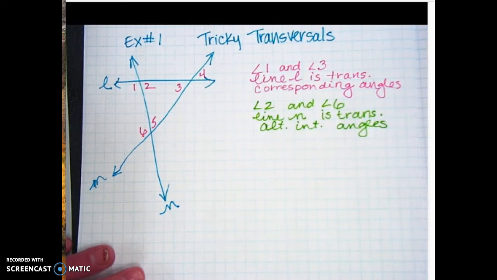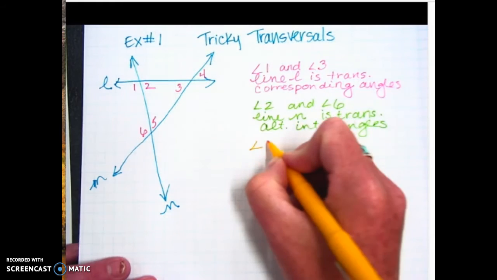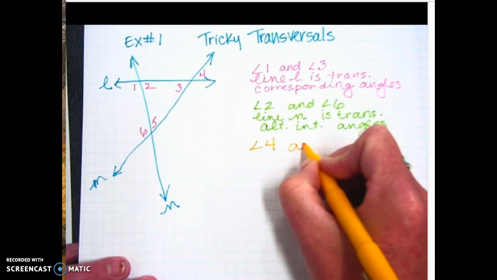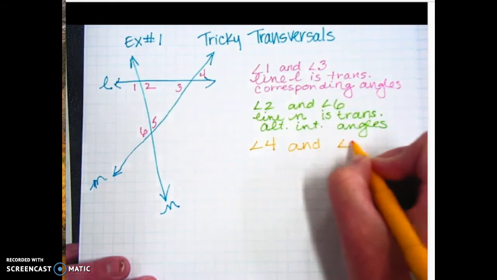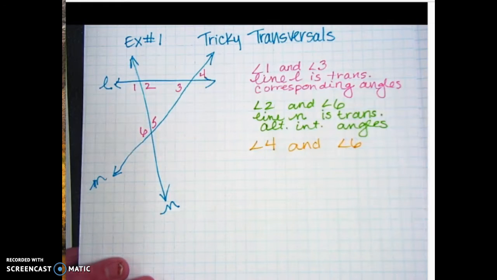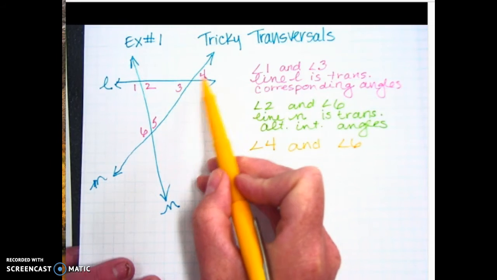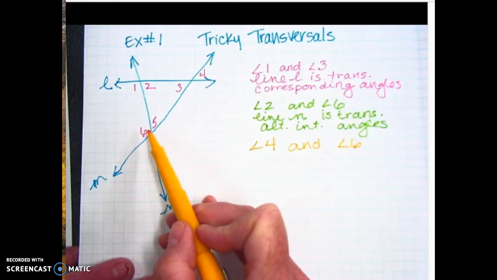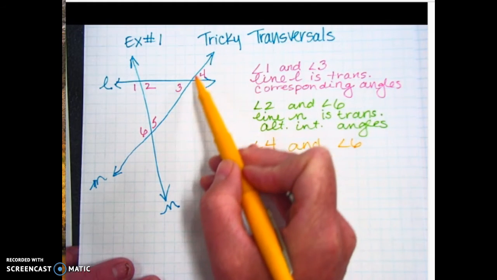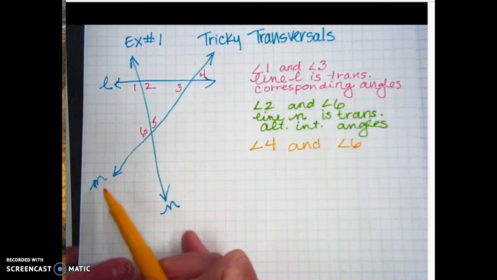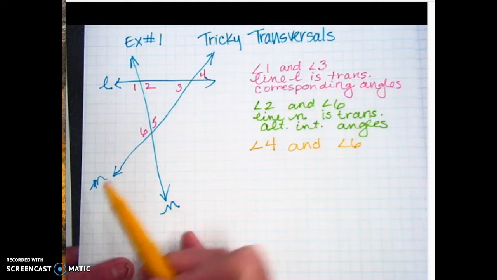All right, let's try one more just to make sure you've got it. We're going to try angle 4 and angle 6. So here's angle 4 up here. Here's angle 6 down here. Which line are they both attached to? What did you say, M or N? M, yes.